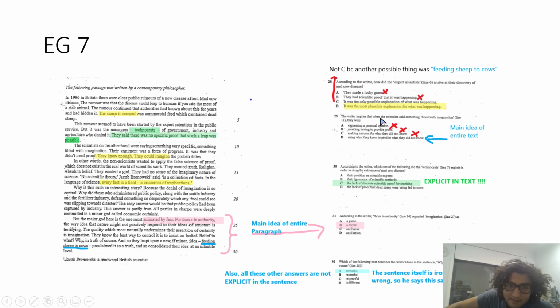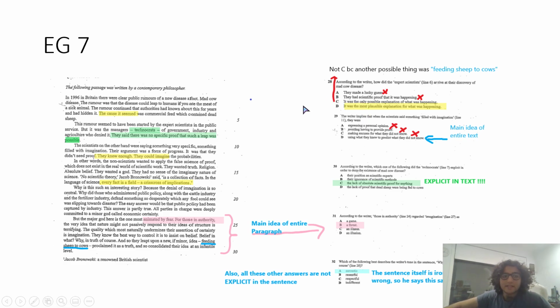Oh, also, sorry, the evidence for D, for 28: how did they arrive at their discovery? Well, they know the cause, it seemed. They knew enough. They could imagine, right? Every fact is a field, a crisscross of explanations.